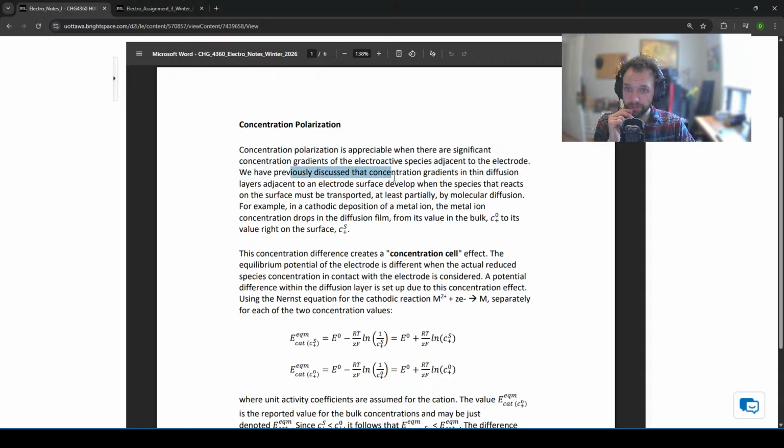We have previously discussed that concentration gradients in thin diffusion layers develop adjacent to an electrode surface when the species that reacts on the surface must be transported at least partially by molecular diffusion. For example, in a cathodic deposition of a metal ion, the metal ion concentration drops in the diffusion film from its value in the bulk, C bulk, to its value on the surface, C surface.